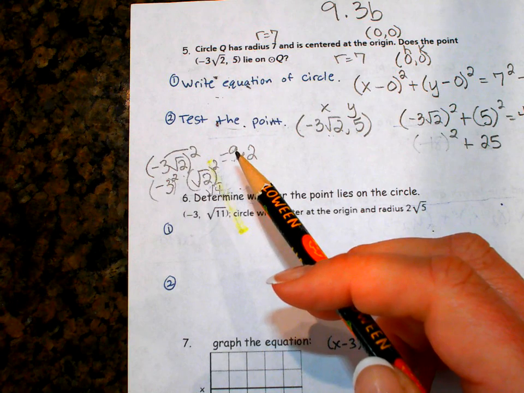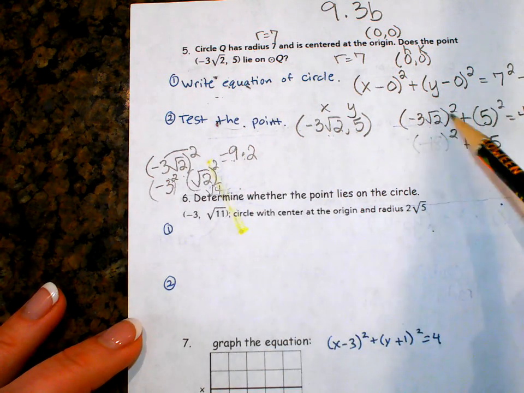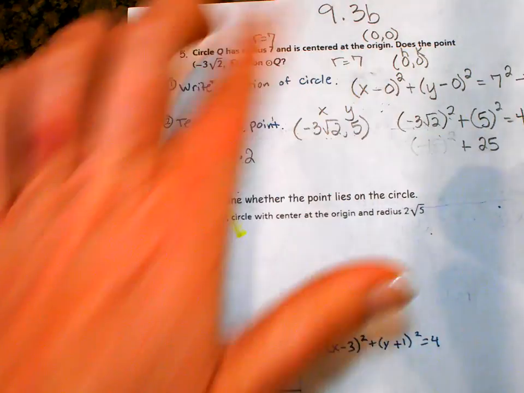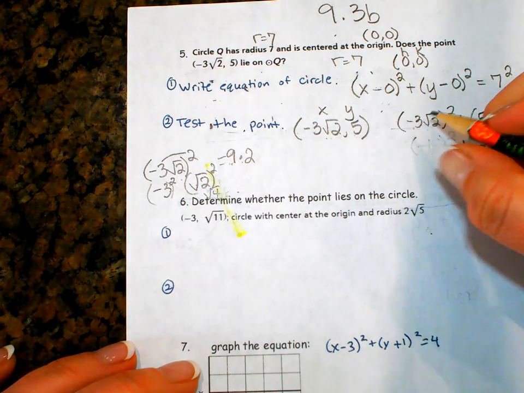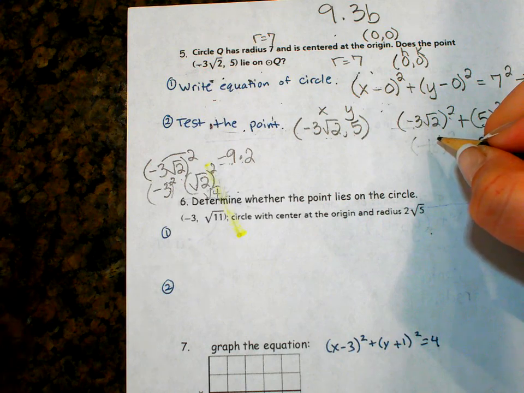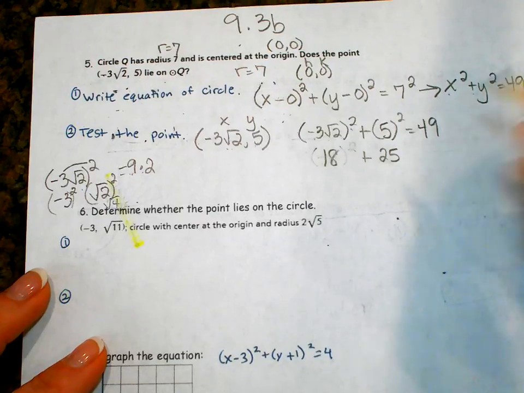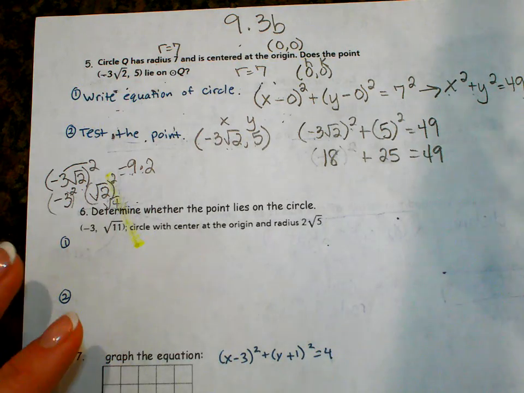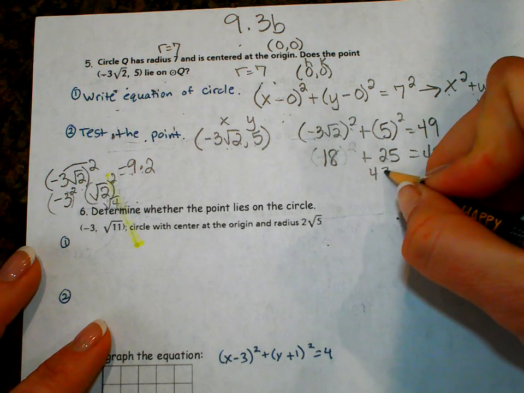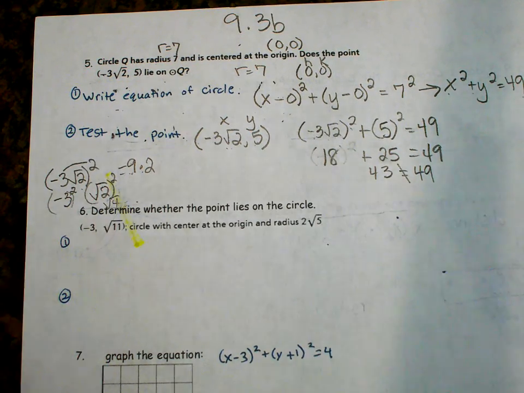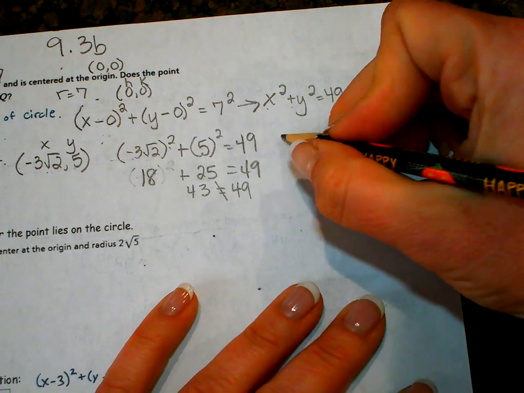That is the answer to (−3√2)². So I just made a mistake, and I'm fixing it. I no longer need to put the 18 in parentheses and square it again. That would be redundant. So it's going to be 18 + 25 = 49. Well, 18 + 25 is 43. So 43 and 49 are not equal, drawing a line through it. So I'm going to say no.